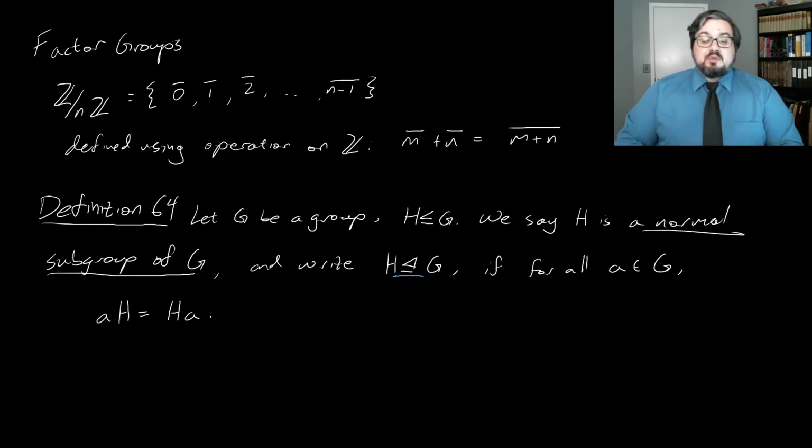So a subgroup is normal if the left cosets of the subgroup are equal to the right cosets of the subgroup. We've actually already seen an example to show that this equality doesn't always hold. Given some subgroups, the left and right cosets could be different. So being a normal subgroup is a condition that actually means something.